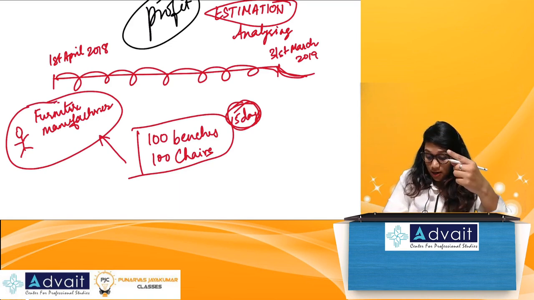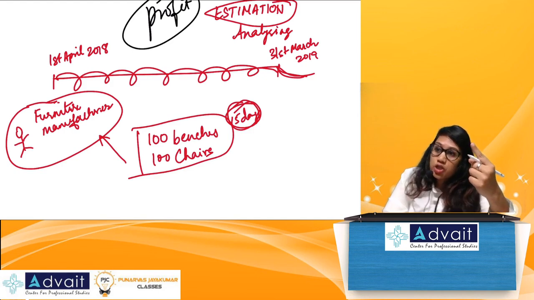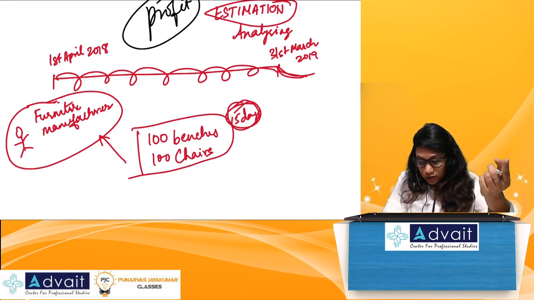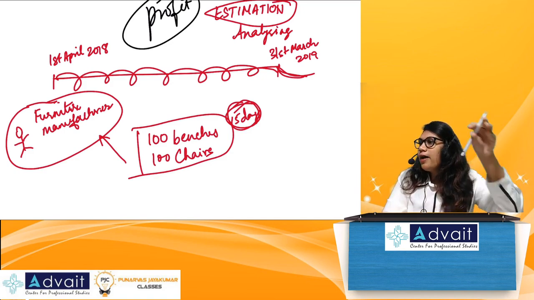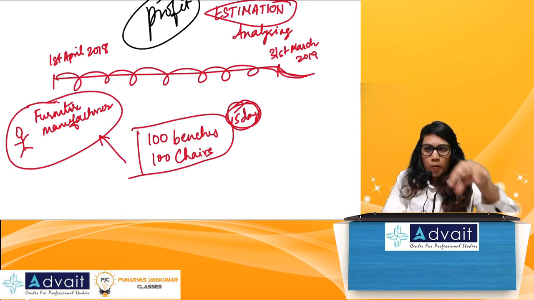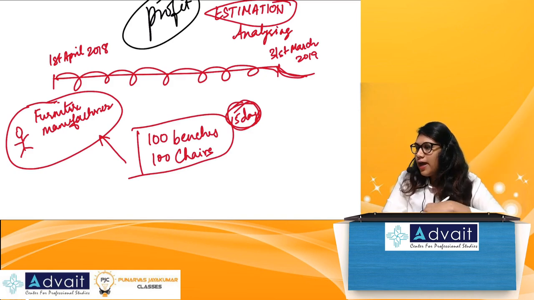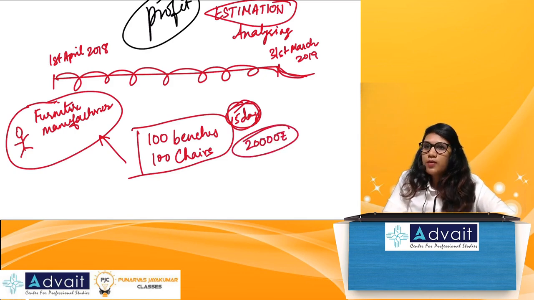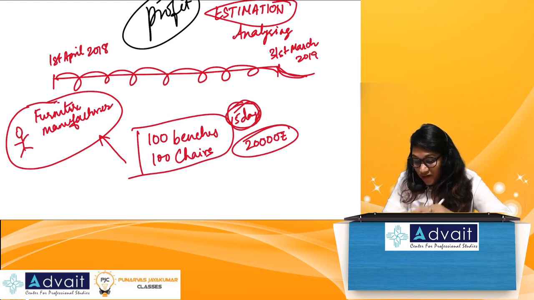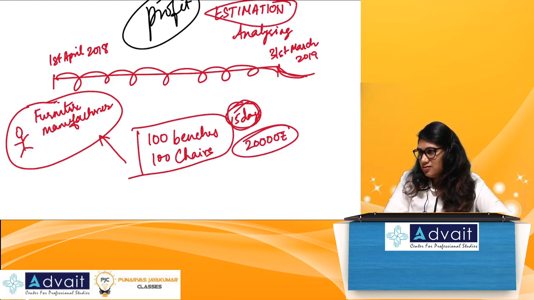That, okay, for manufacturing 100 benches, for manufacturing 100 chairs, I would need so much wood, so many nails, I would put in so much labor, so many expenses will go into it. And then after making a quote, he will tell you that for all this put together, I will charge you 2 lakh rupees. Have these expenses actually been incurred? No, they have not actually been incurred. They will be incurred in the next 15 days.